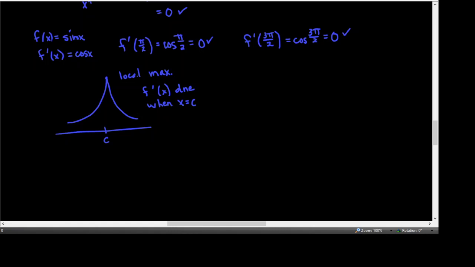Or you could have a maximum that looks like this at c, when f prime of x is 0, when x is c. And as I said earlier, that means it's a candidate for a local extremum, not a guarantee. So you do have to look at it further than just finding those places.